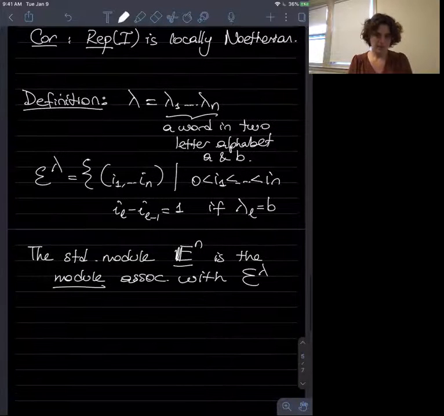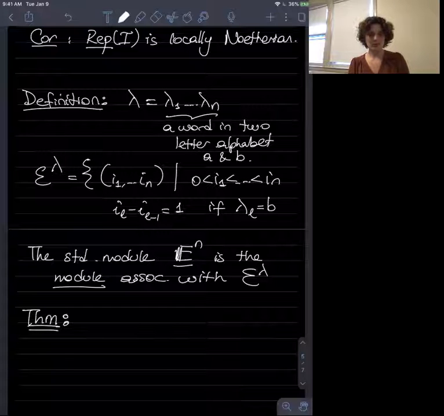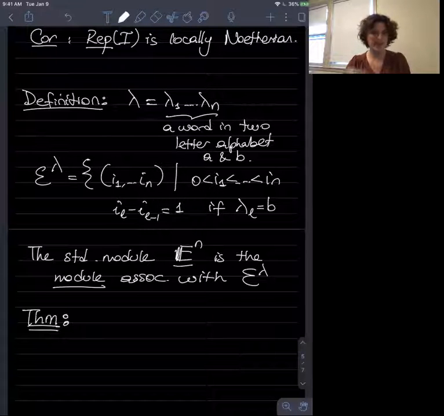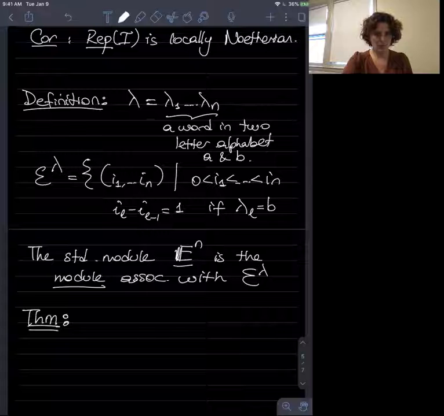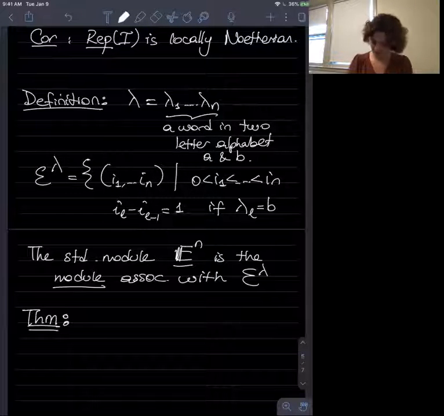The importance of this is the following theorem. It turns out that these standard modules, first, connect the principal and simple ones. Just imagine the word is just A to the n and B to the n. And the most important thing is they help us to describe the Grothendieck group.